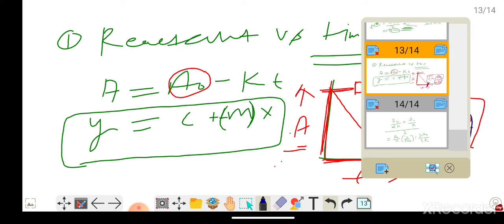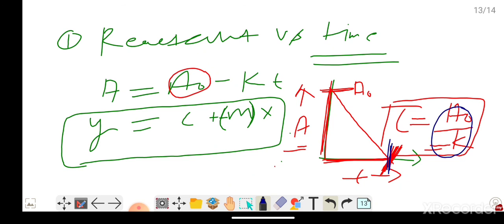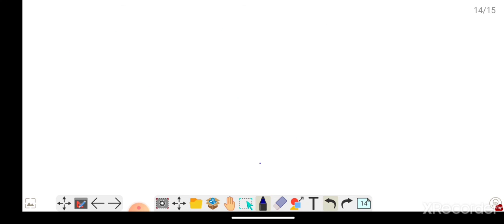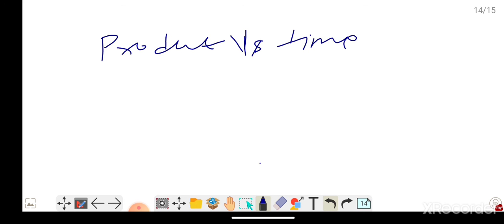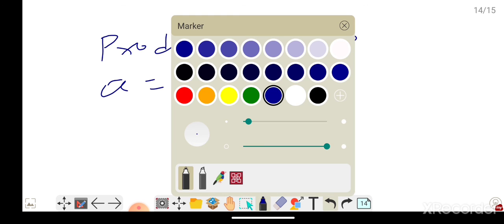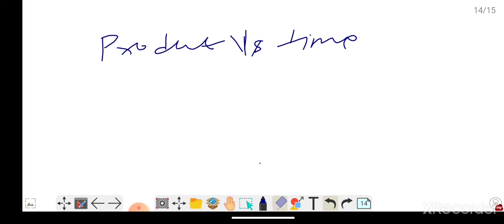Now we have another graph, for product versus time. So let's draw the product versus time graph. We know that we have the equation A is equal to A naught minus KT.